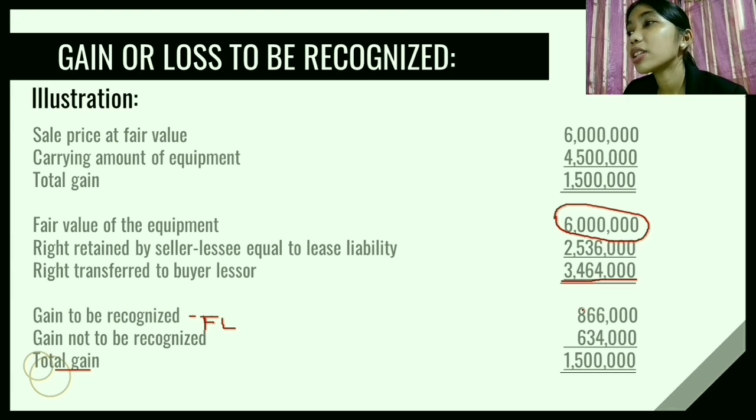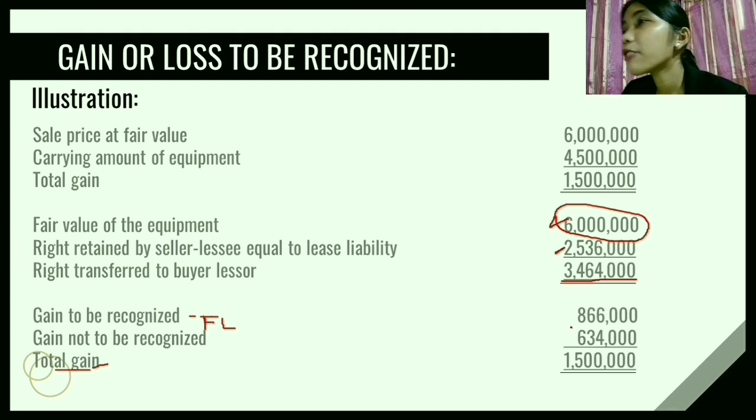Samantala, yung gain na not to be recognized naman po is pwede naman po siyang total gain less gain to be recognized na nakuha natin kanina, or kung gusto niyo naman pong mas pahirapan pang inyong sarili, ito po ay yung total gain po natin na 1,500,000 pesos, i-multiply po natin siya sa right retained by the seller-lessee, which is 2,536,000 pesos over the fair value po natin, which is 6 million pesos.